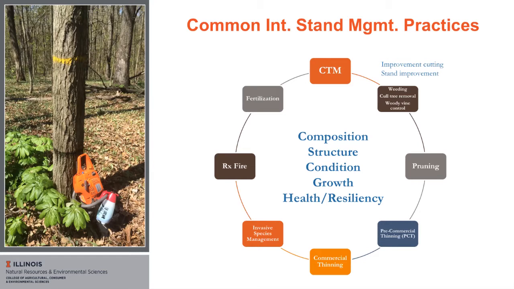Pre-commercial thinning is basically a thinning operation in which none of the material that is cut or removed is sold. So that's referred to as pre-commercial thinning. And then you have commercial thinning operations where the trees removed from that thinning operation can be sold, whether for saw logs, pulp, or poles, or even firewood. Invasive species management falls under that concept. So does prescribed fire and fertilization.